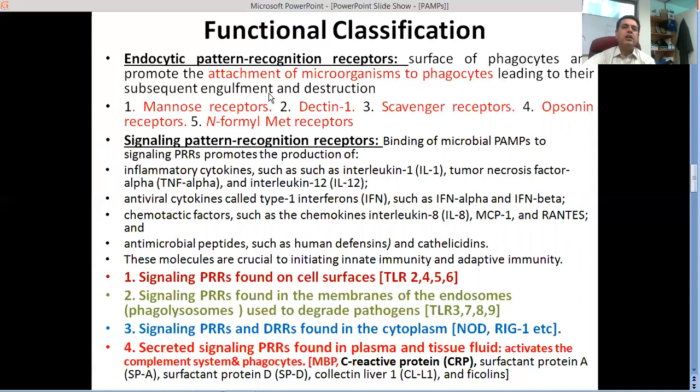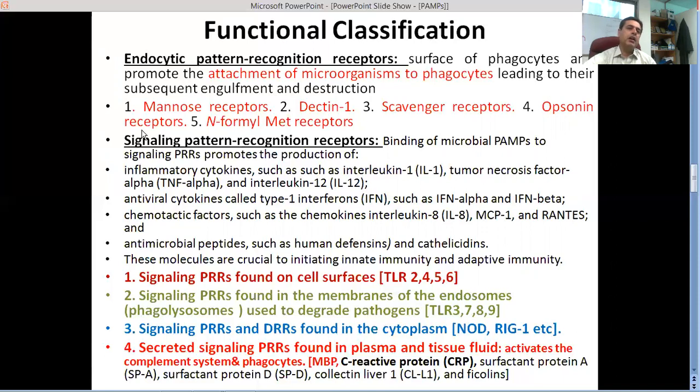So these are present on the surfaces of these phagocytes, and these are important with respect to attachment of these microbes, these bacteria, viruses, etc., and that leads to their phagocytosis and then destruction inside the cells.